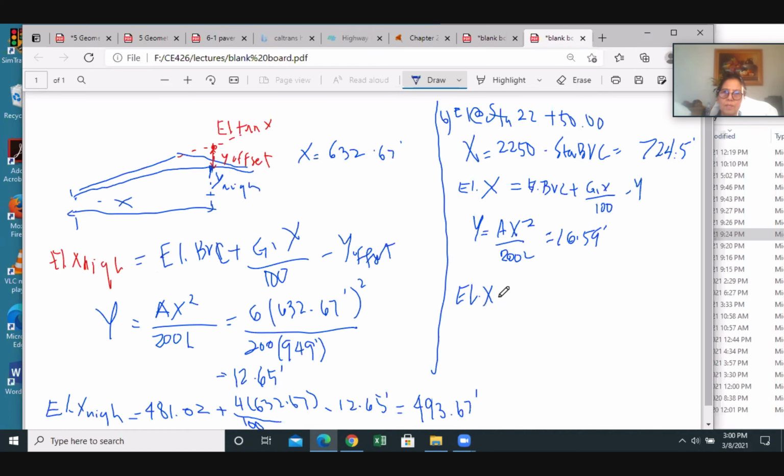So at station 22 plus 50, that's equal to the elevation of your BBC, which is 481.02, and we add that certain value here to get the elevation on tangent x, and that's equal to plus 0.04 or 4 over 100 times x, which is 724.5, minus 16.59.